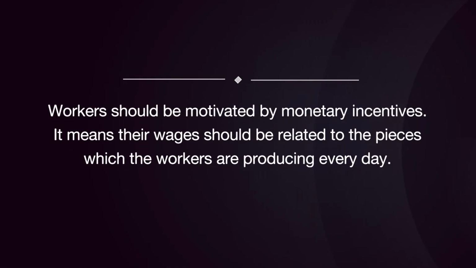Apart from the theory of functional foremanship, Taylor also highlighted the fact that the workers should be motivated by monetary incentives. It means their wages should be related to the pieces which the workers are producing every day.